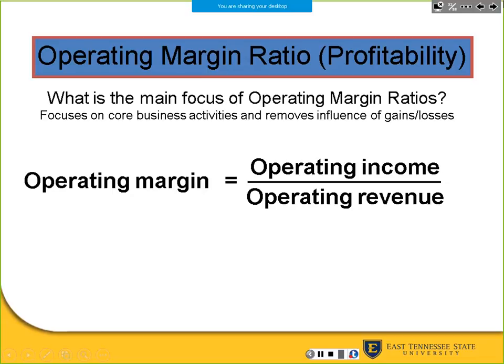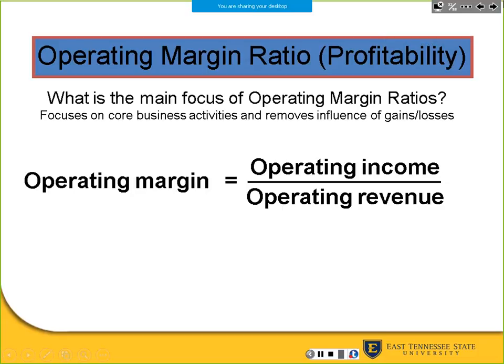The statement of income, the income statement or statement of operations. And what's that operating income going to be? The operating income. 6474. Mhm. And then we're going to look at operating revenue. So what is that number going to be?